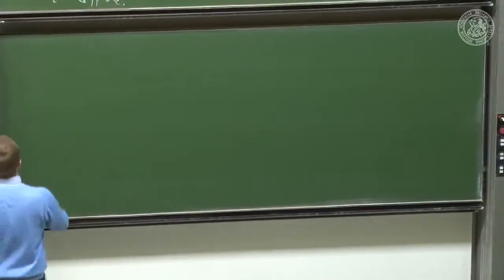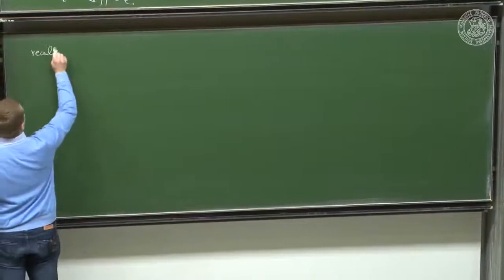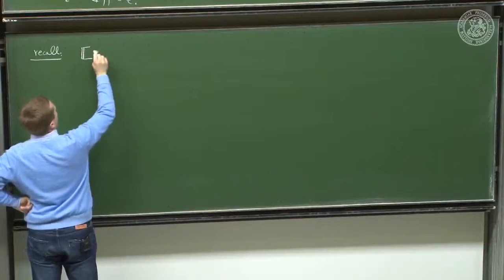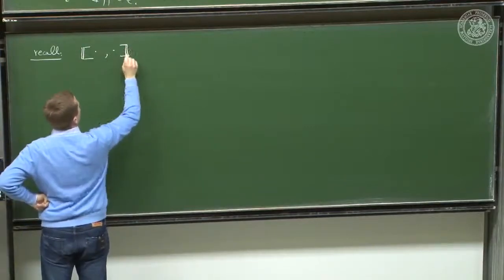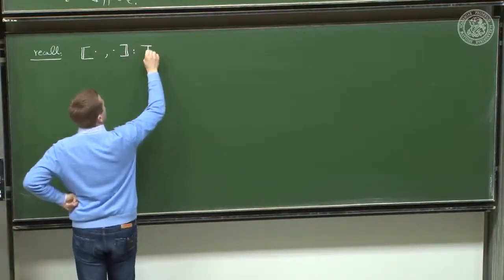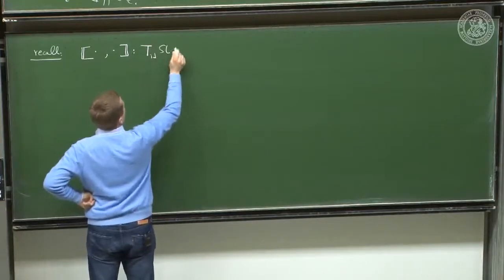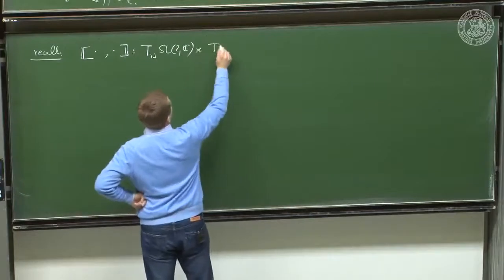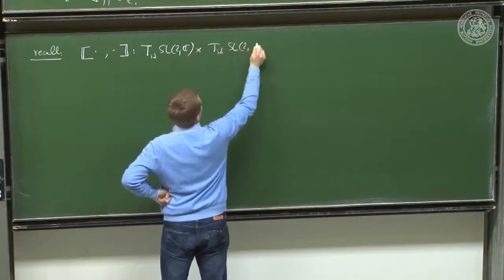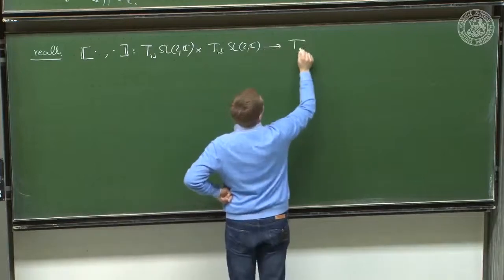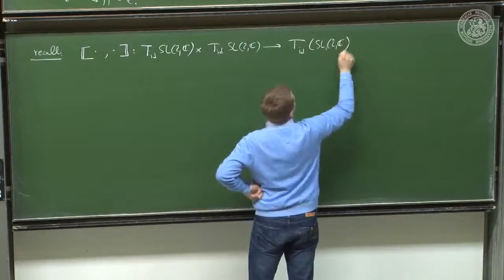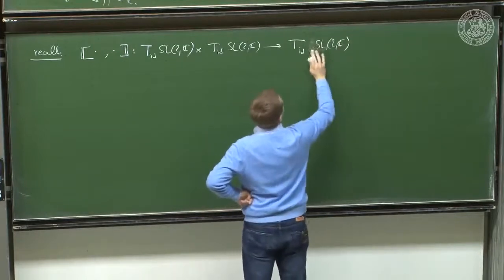So also recall that we defined a bracket written like this on T_id SL2C, that is, T_id SL2C cross T_id SL2C into T_id SL2C.